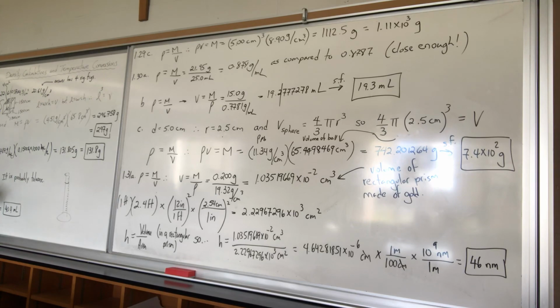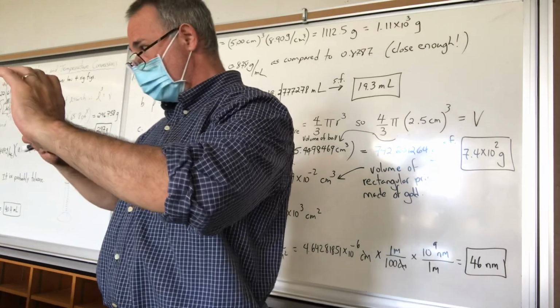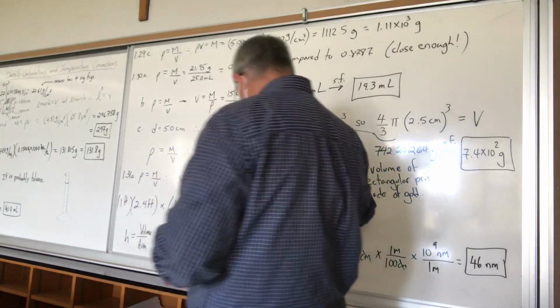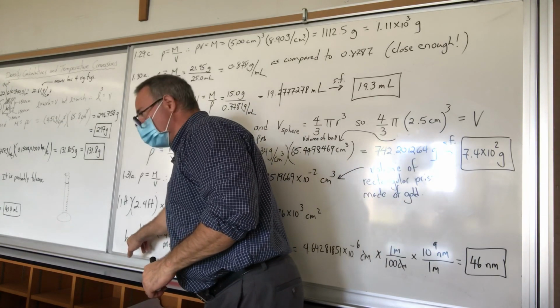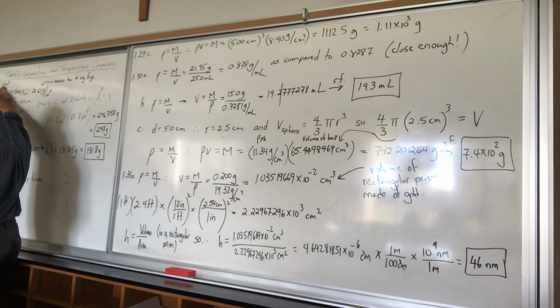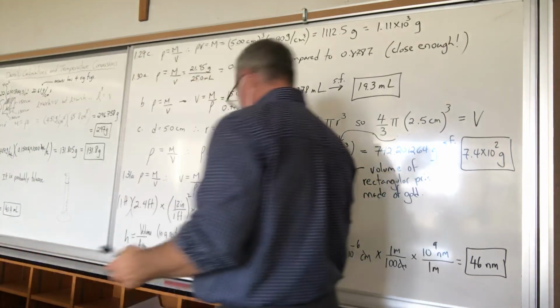All right, so that's what we're doing here. We're finding the volume of the whole rectangular prism, and we know the area of the top part. So if you take the volume and divide it by the area, it's going to give you the height. 8 divided by 4 is going to give me 2. Except here the numbers are not even numbers, right?